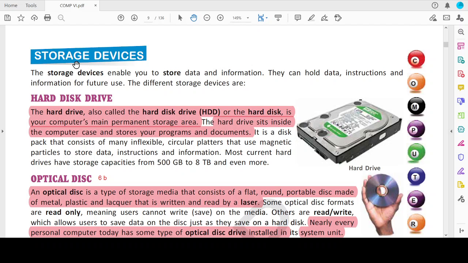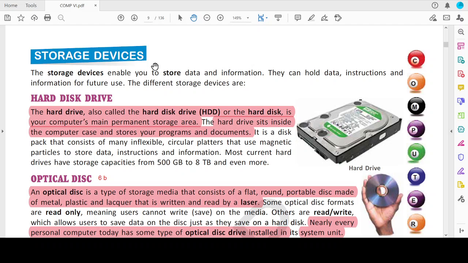Now, what do you mean by a storage device? It's a kind of memory, but a permanent memory. It's not a temporary memory. A computer has both primary and secondary memory.